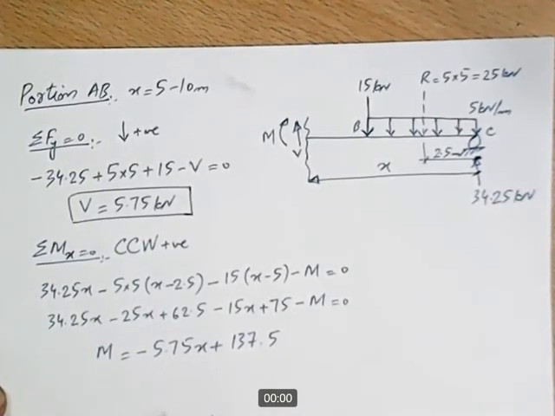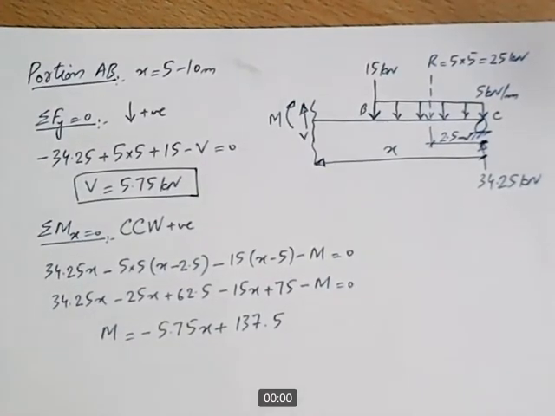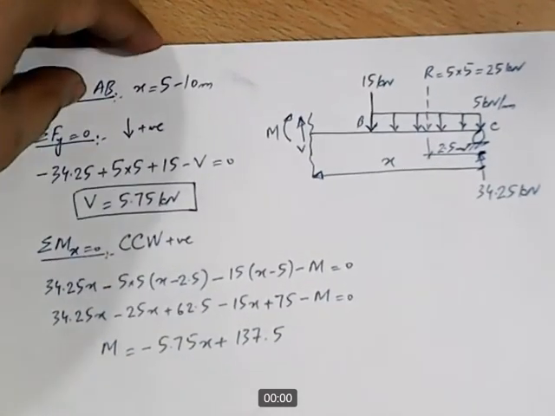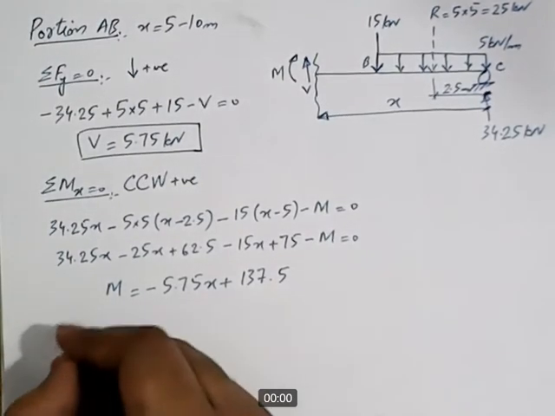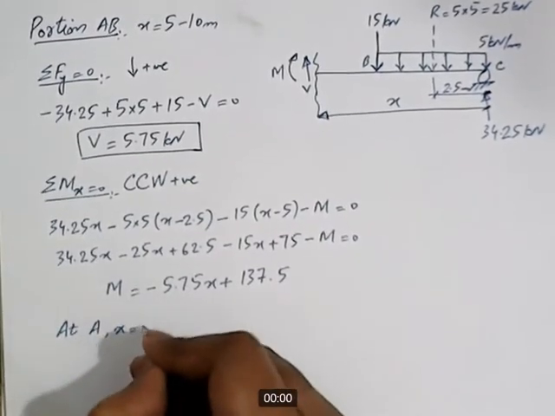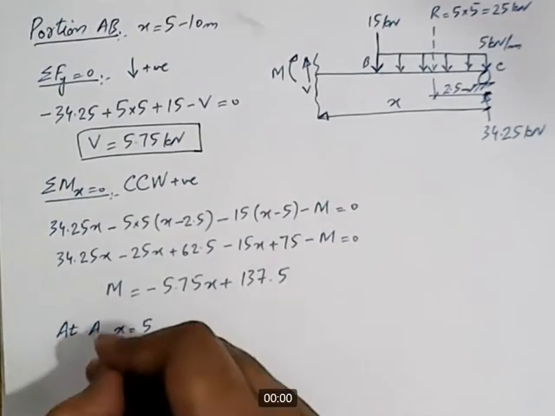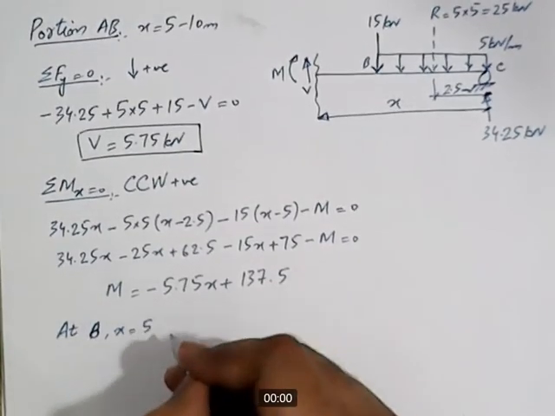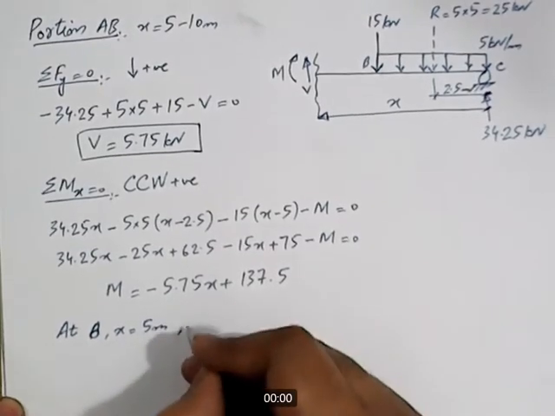And as this equation has x in it, it means we need to calculate the value of bending moment separately for point A and point B. So let's calculate those values. Let's calculate it for B first. At B, x is equal to 5 meters.